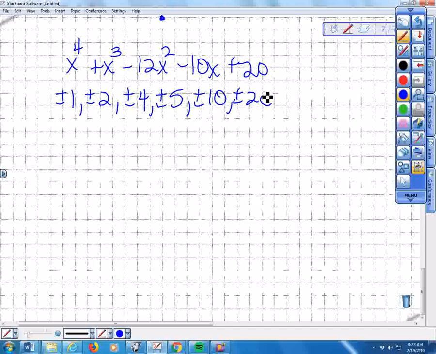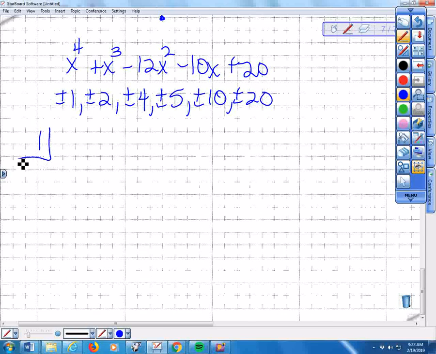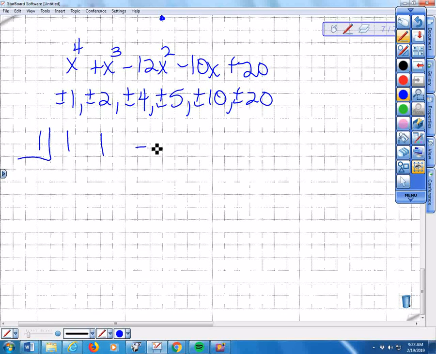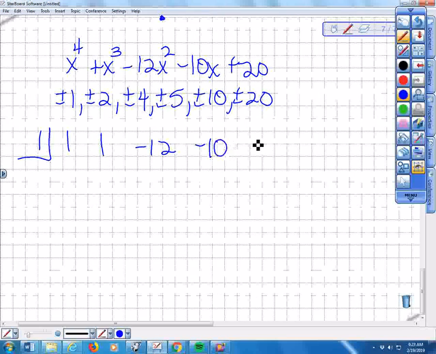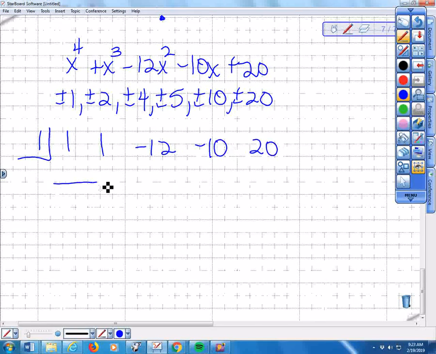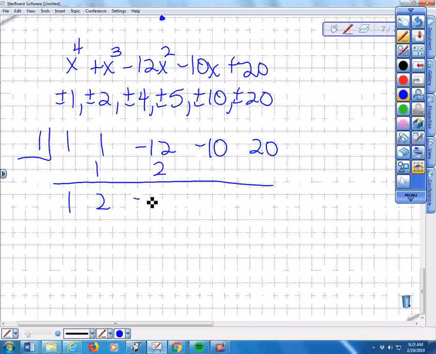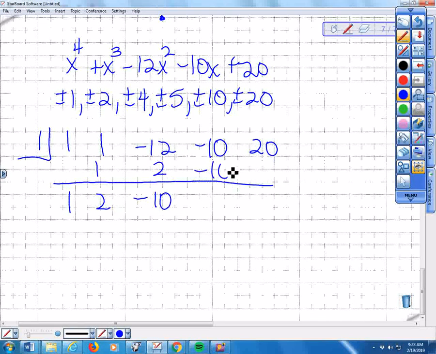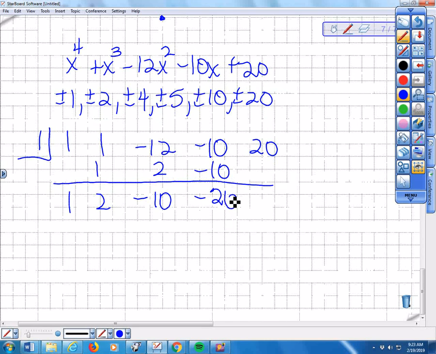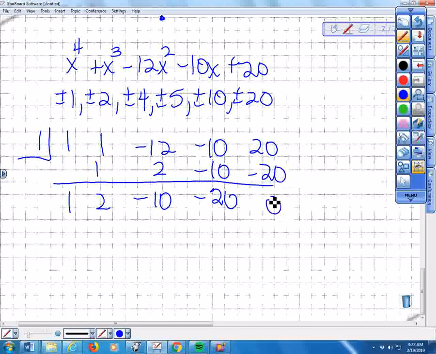Okay, I don't have to divide by anything, which is nice. 1, 1, negative 12, negative 10, 20. No placeholders needed. I'm just going to try 1. Nice. Found the first one.